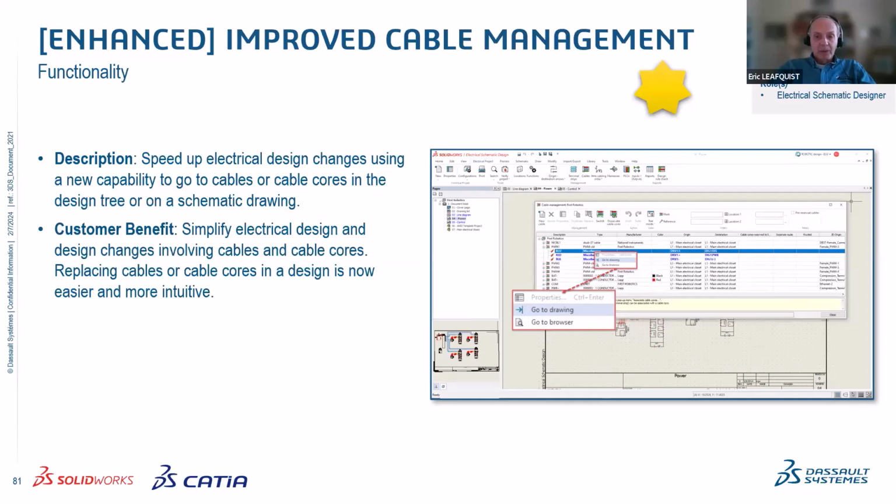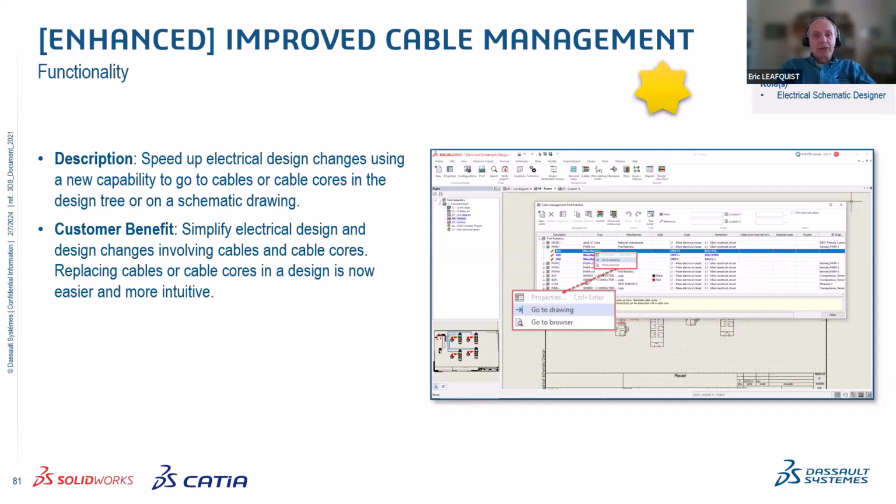So, for example, when studying a design, if you find a particular wire that you want to interrogate further or see where it's used, you can select zoom to, browse the design tree on the left side, or you can browse the particular point in a schematic where that wire or cable is used. So number one, a great way to quickly follow and trace a design created by someone else and plan the next level of design revisions, for example.